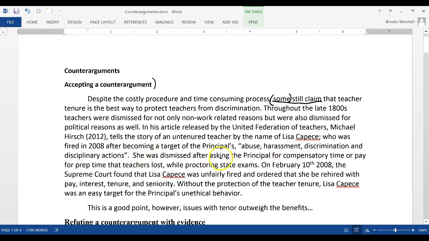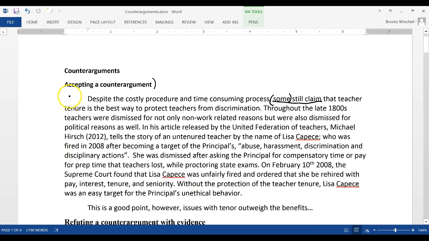She was dismissed after asking the principal for compensatory time or pay for prep time that teachers lost while proctoring state exams. On February 10, 2008, the Supreme Court found that Lisa Caprice was unfairly fired and ordered that she be rehired with pay, interest, tenure, and seniority.